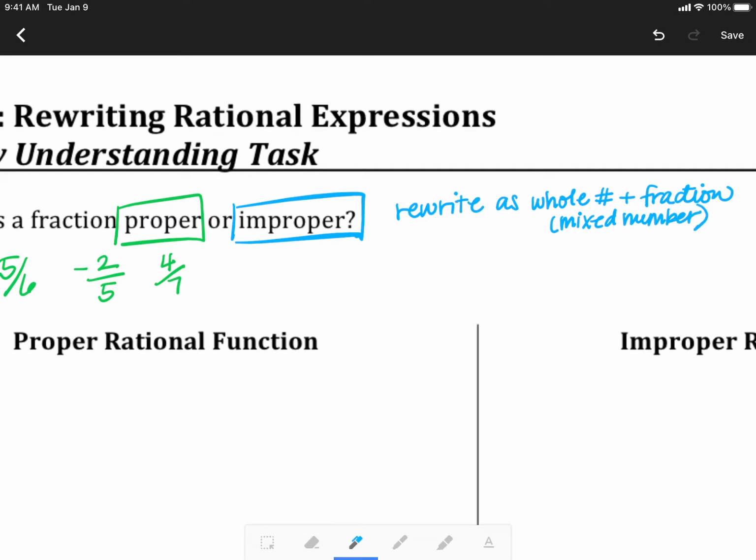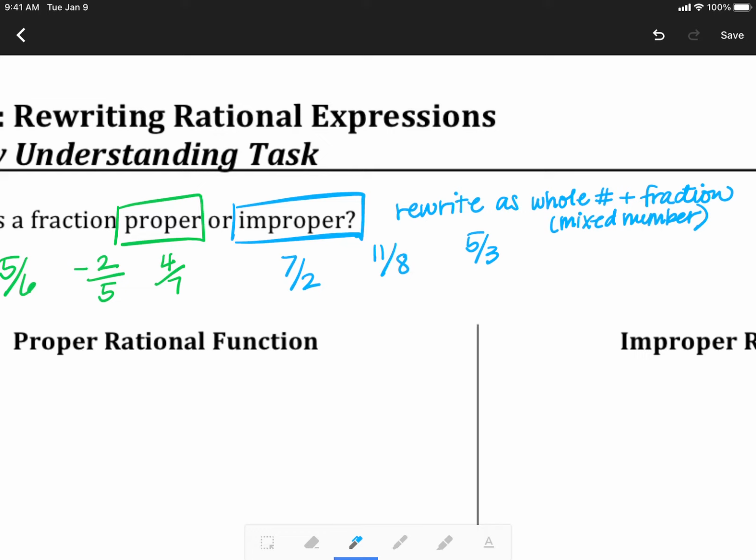So let's make some examples here. 7/2. That is improper because 7 is greater than 2. 11/8. Again, improper because 11 is greater than 8. 5/3. Improper because 5 is greater than 3.